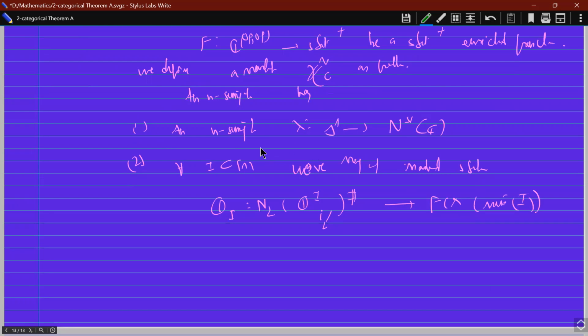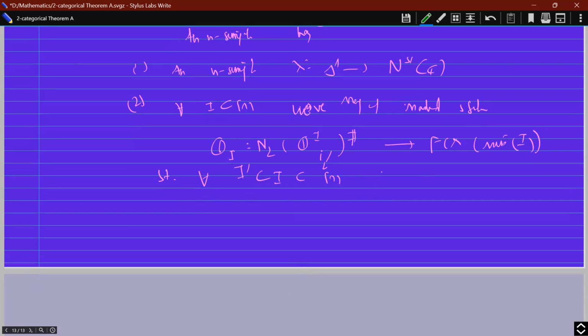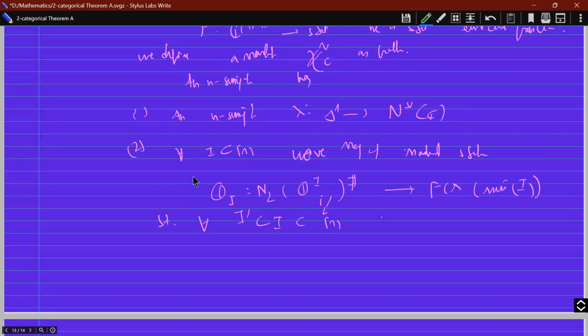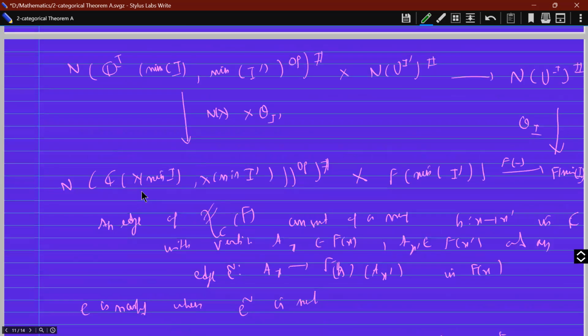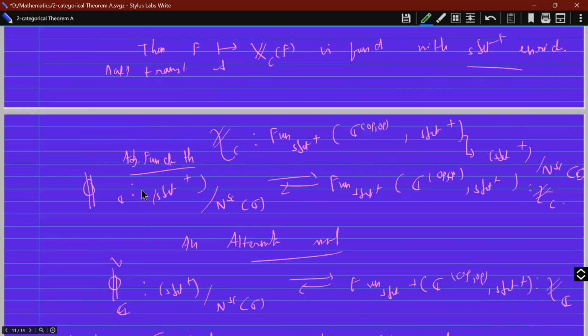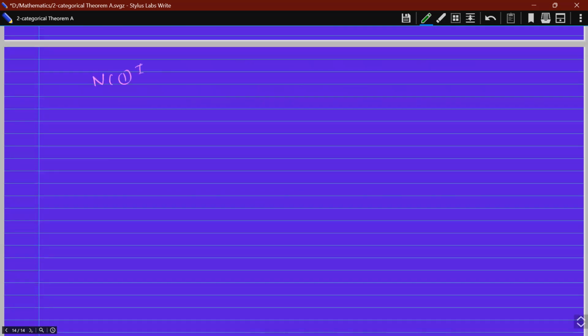It says that for all inclusions, the following diagram commutes. We'll get a diagram similar to the one that we had before, like this one. Yeah, this diagram. So it shouldn't take a lot of time to draw that, because more or less similar, 6.3.